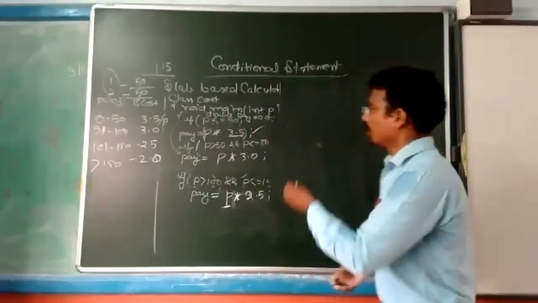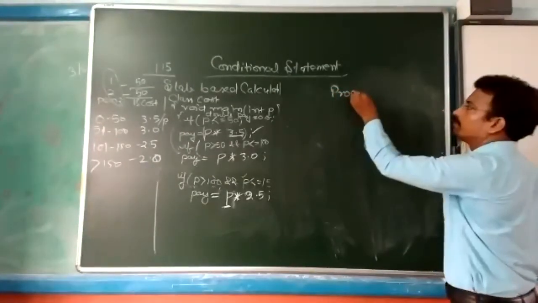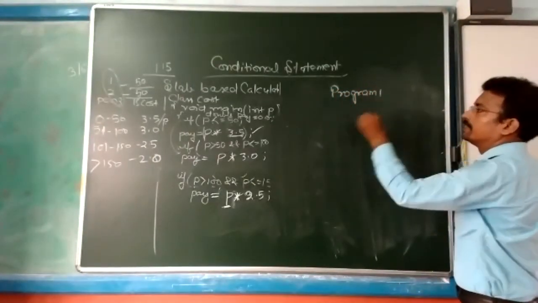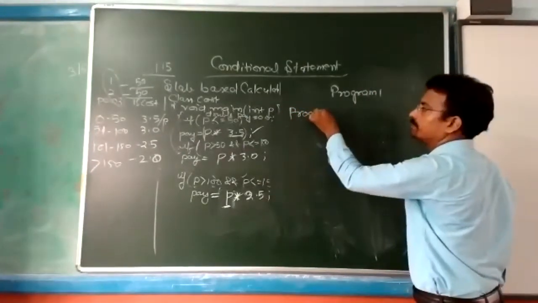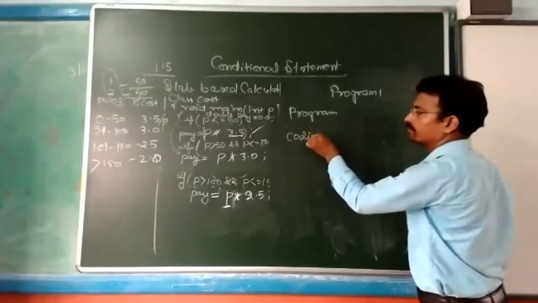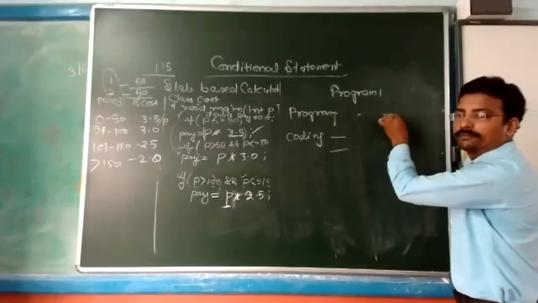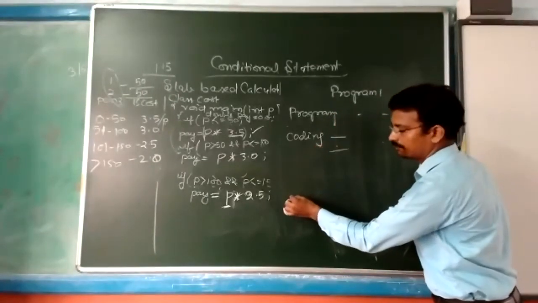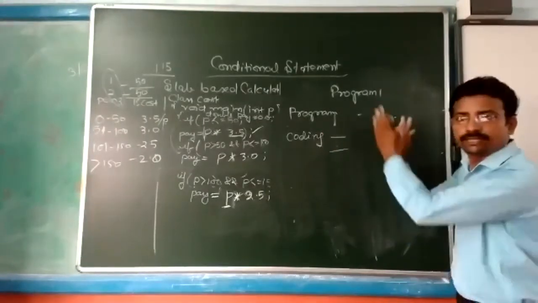Next, you will write this way: program 1, then what program it is. After that, the coding. This is the heading of the program, write a program, whatever. This is the coding. After that, you have done this from the side where the ruled lines are.